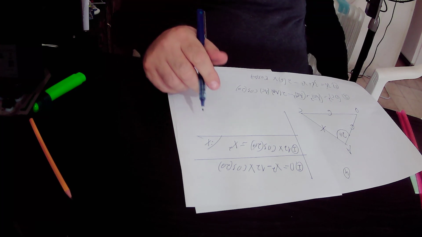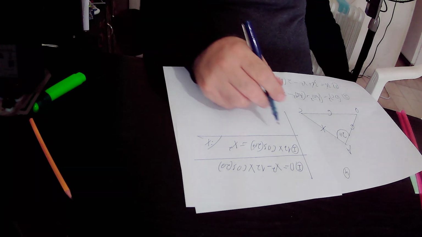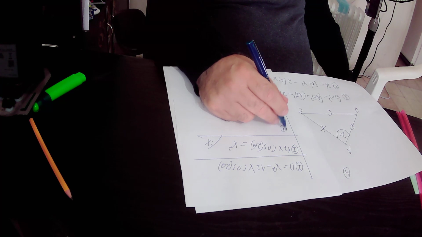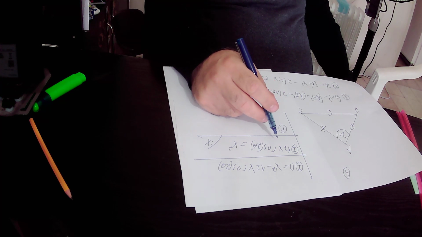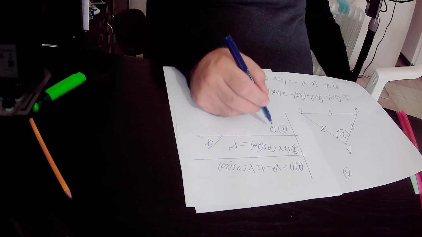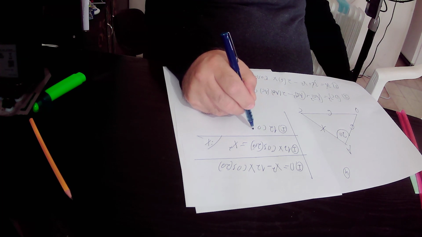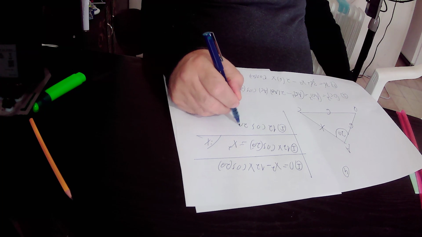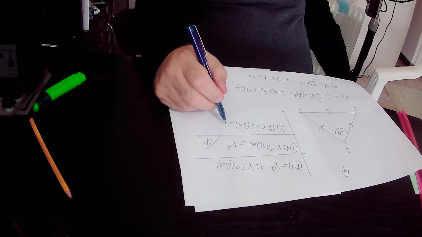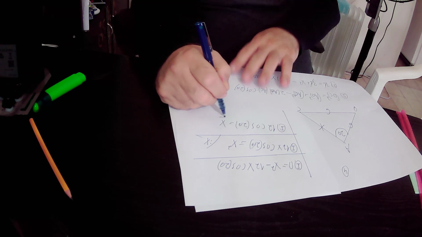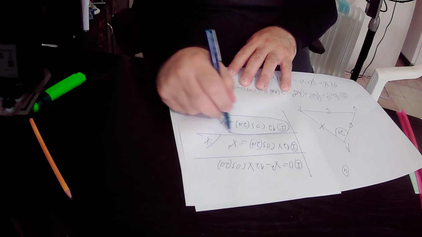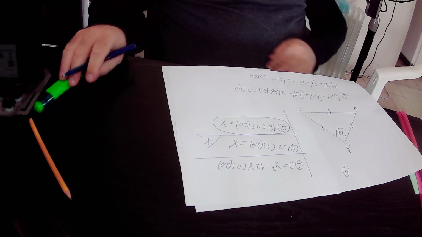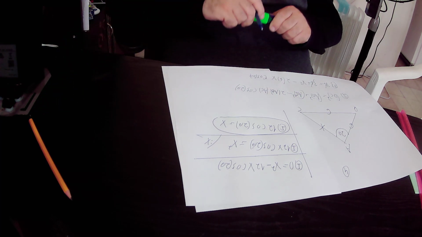So we divide, and we get that 12x over x is 12, so 12 times cosine 2 theta equals x squared over x, which is x. So we found out that according to equation number 1, 12 times cosine 2 theta equals x.